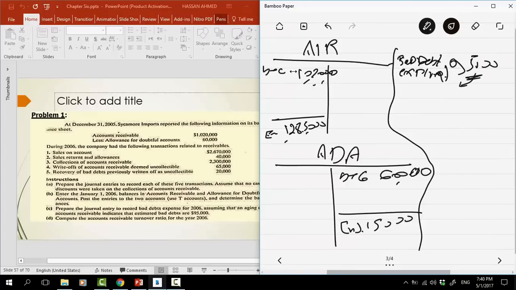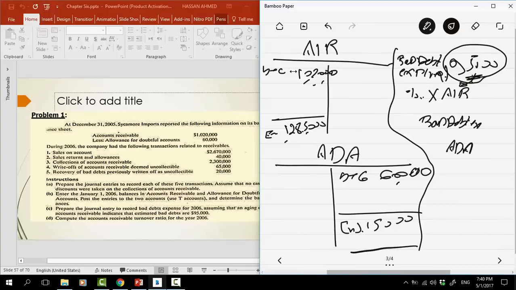This number comes from the percentage uncollectible multiplied by the accounts receivable, but in this problem it was already given. Then don't record this amount. He wants the adjustment: bad debt expense and ADA. Don't record this amount unless you check first the balance of the ADA. We have here a $15,000 balance and I want the balance to reach $95,000. Then we will make an adjustment of $80,000.